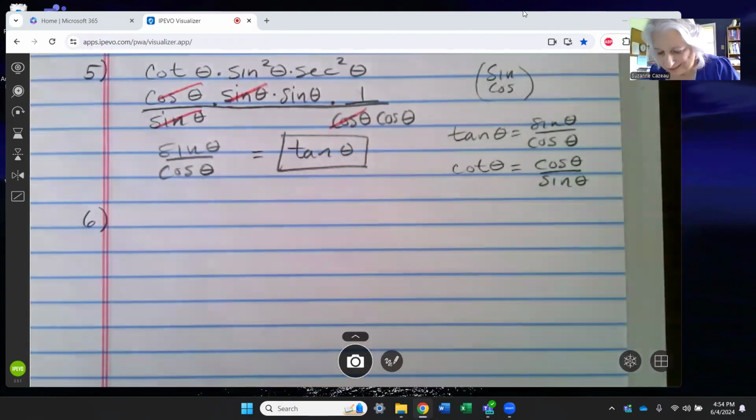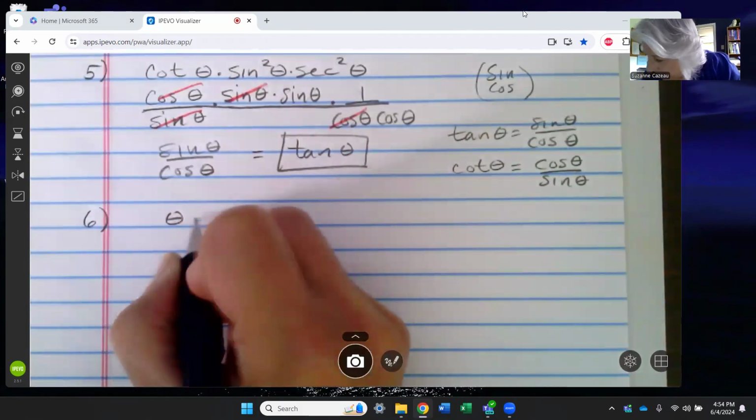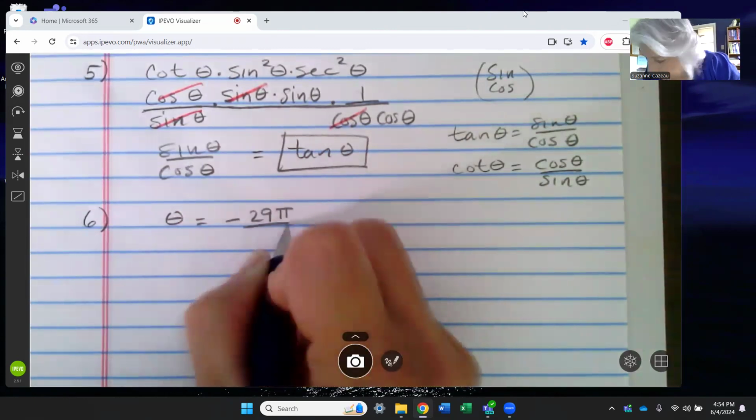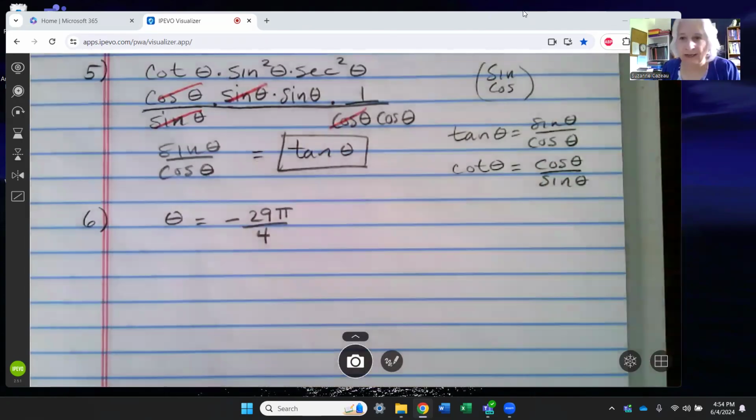Find the angle of least non-negative measure theta sub c that is coterminal with theta, which is negative 29 pi over 4. Okay, so I got to say to myself, self, how many times does 4 go into 29?